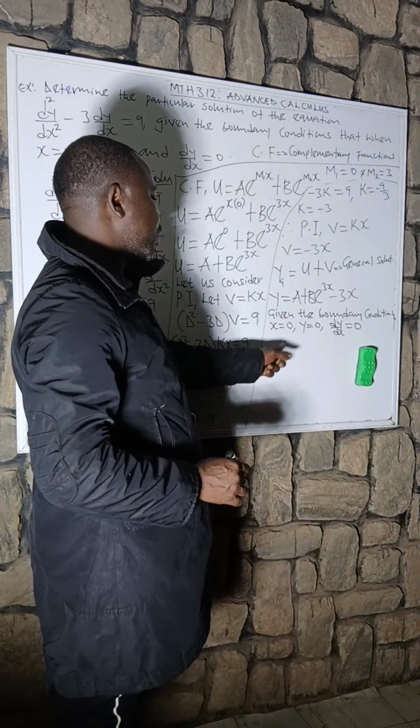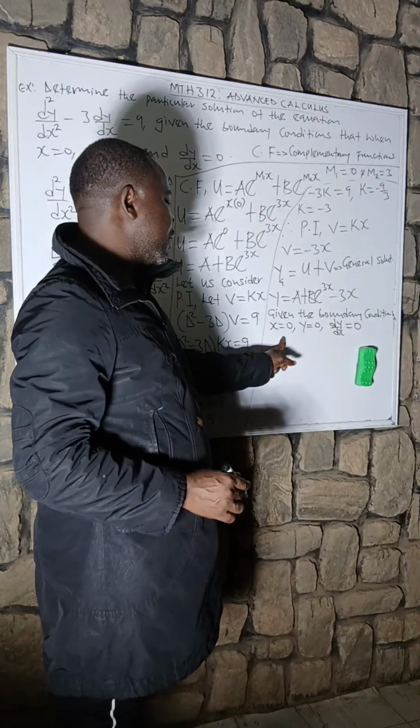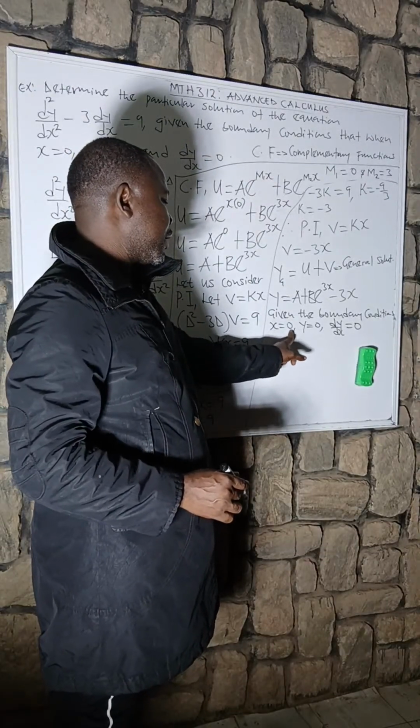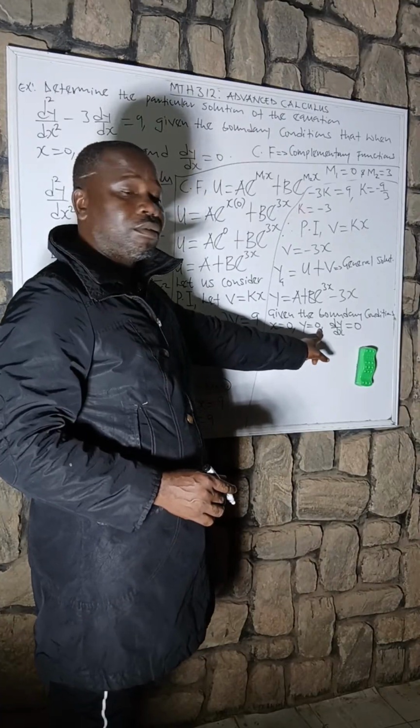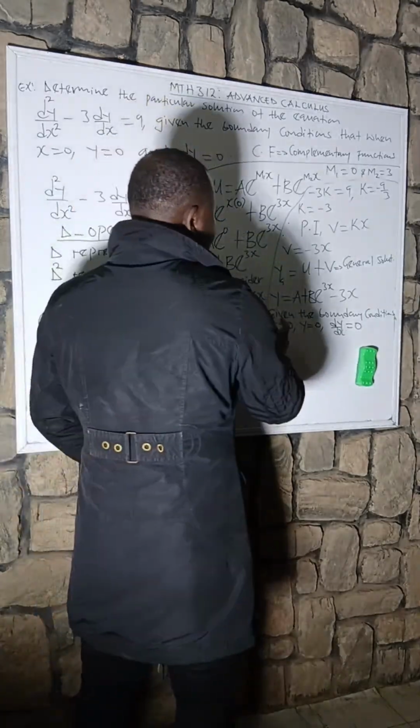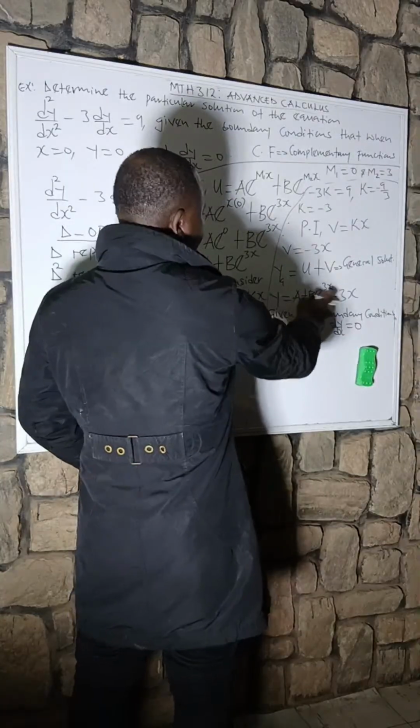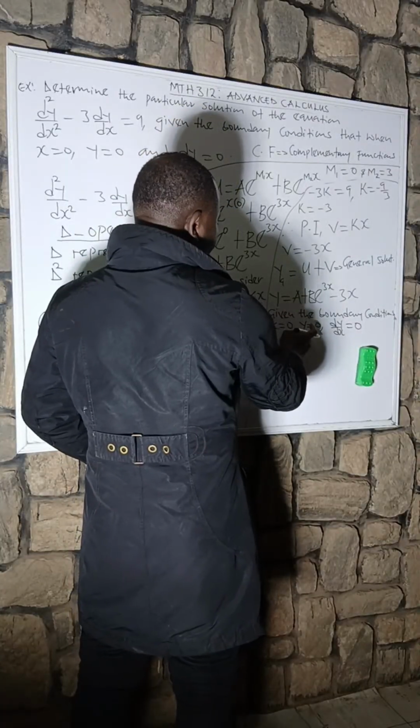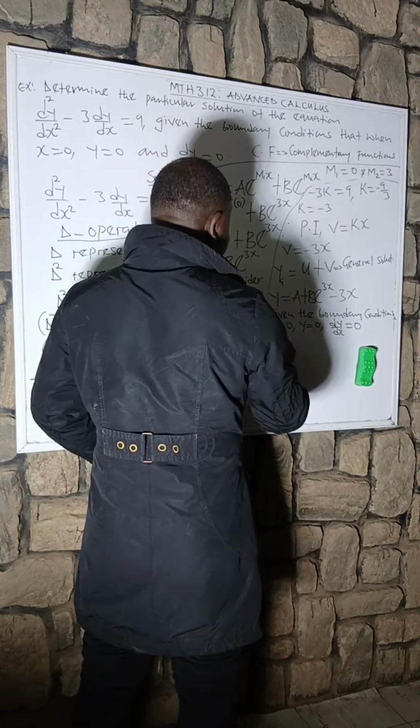So what we need to do here is, x is 0 when y equals 0. So using the general solution, if you see y, you write 0. So here will be 0.